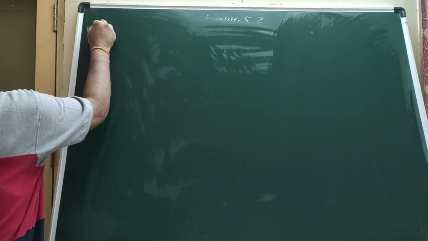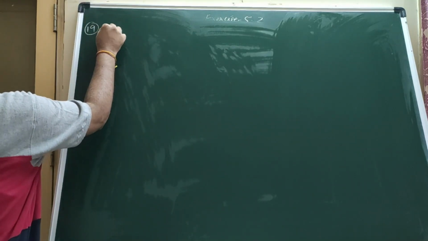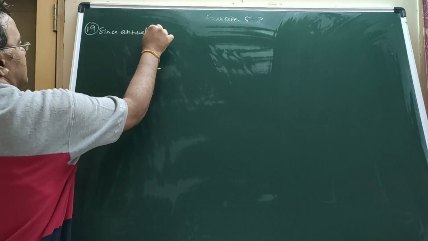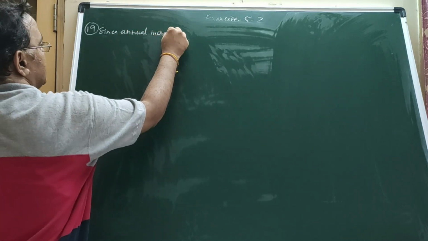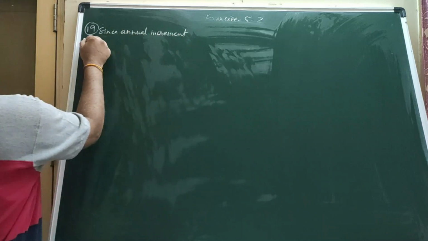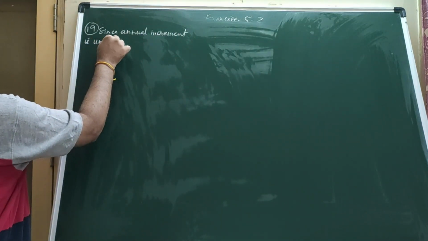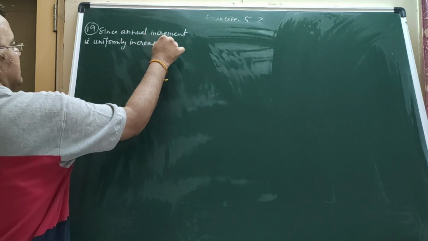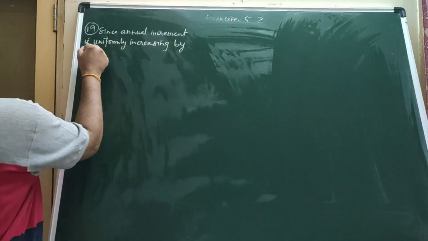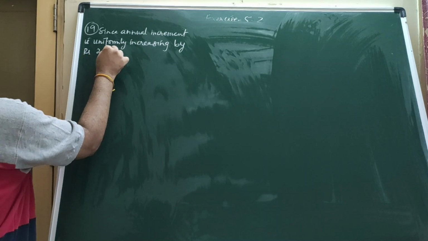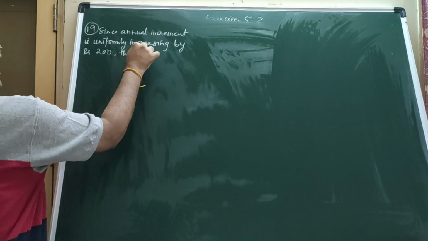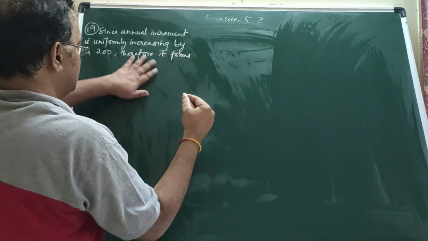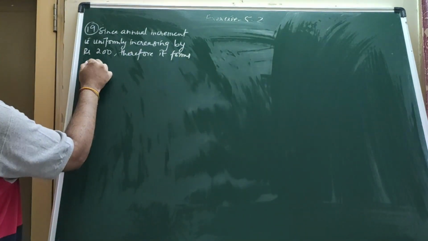So 19th question. Since annual increment is uniformly increasing by rupees 200, so therefore it forms an AP.